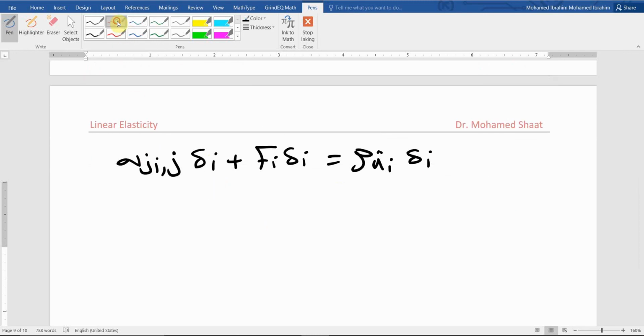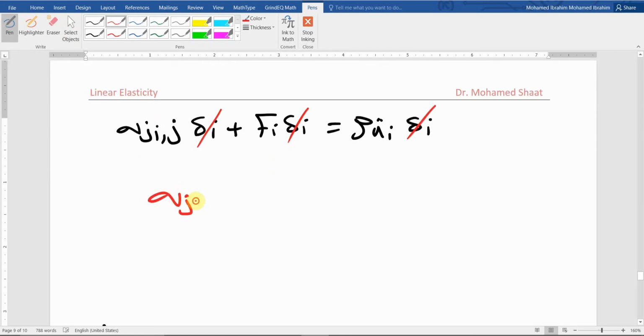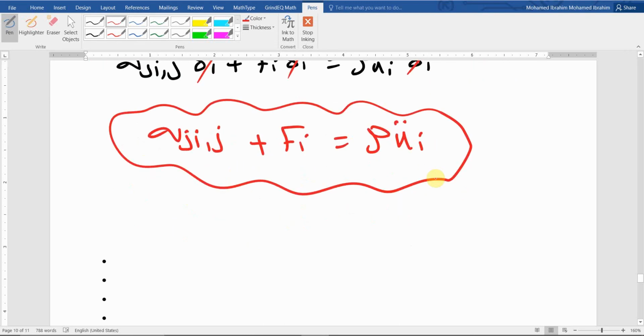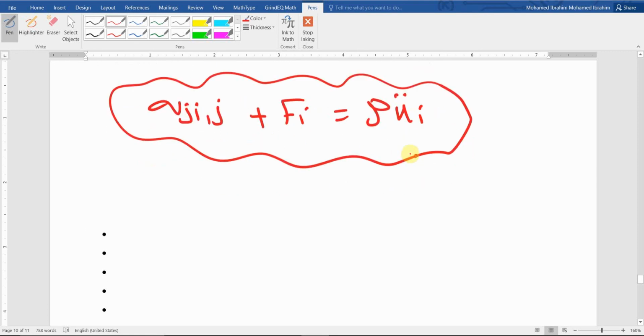That is fine even to get rid of this delta i with this delta i with delta i, to end up with just the equation sigma ji comma j plus fi equals rho ui double dot, and this is going to be the equation of motion, in the form that depends on all of these vectors. The first vector is the body force, this is the stress tensor, but this is the gradient of the stress tensor, and this is the u, which is the displacement vector.